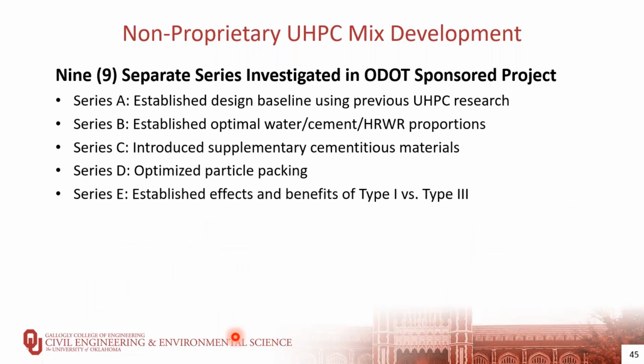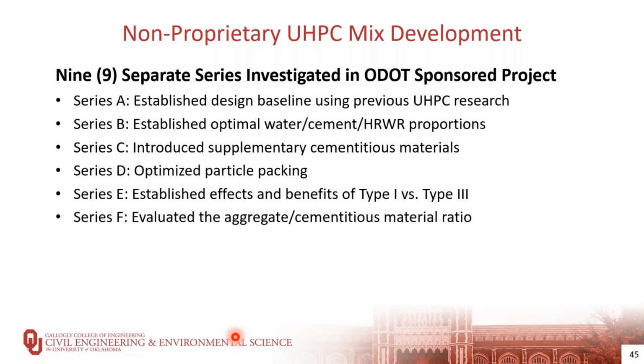We then looked at the benefits of different cement types, so whether or not type 3 could give us improvement, especially at early ages, and then looked in more depth at the aggregate cementitious materials ratio, and specifically honed in on using slag cement in UHPC.